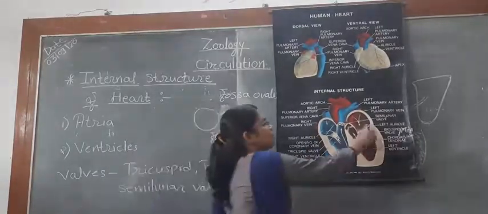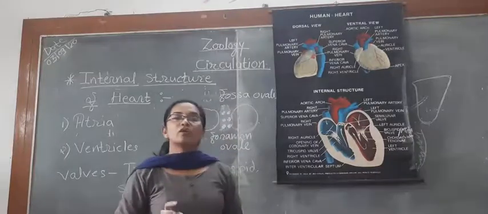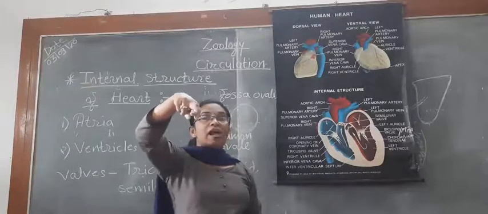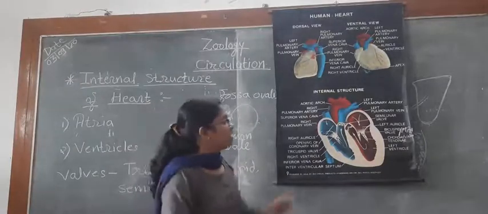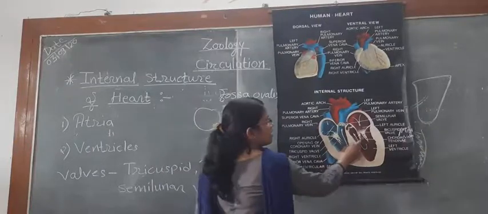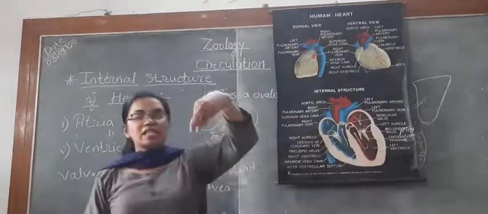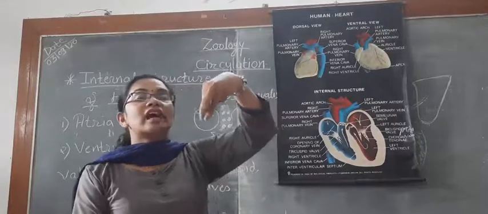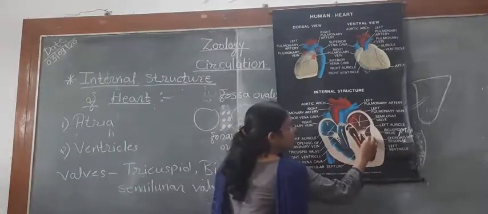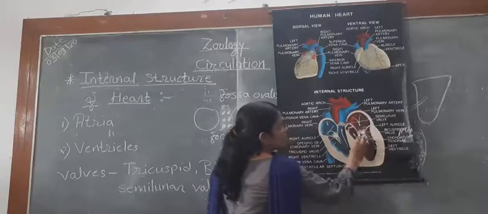But the left atrioventricular aperture has 2 flaps. That's why the name is bicuspid, or mitral. It is called the bicuspid and mitral valve. We see that there is a net-like structure. That means these valves are attached to the papillary muscles of the ventricles. Here they have this support.